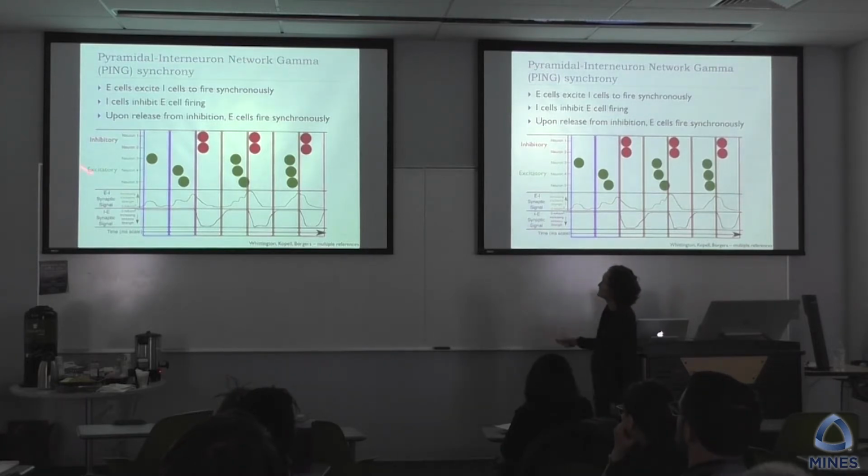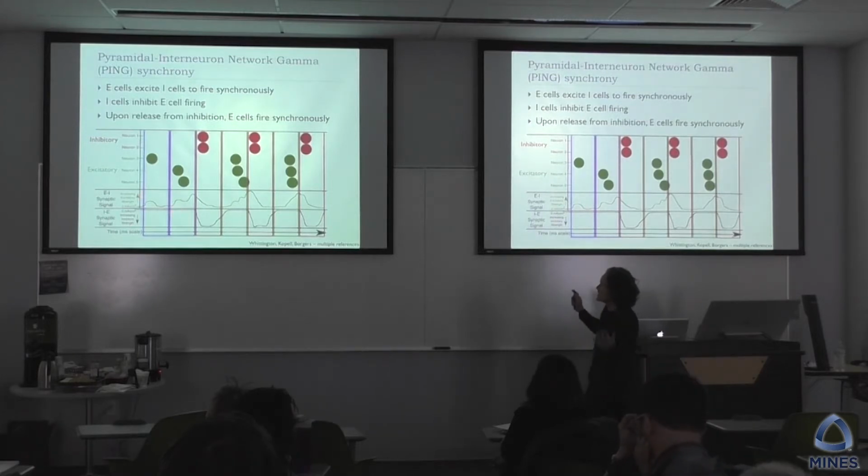So here's a cartoon that shows how this synchronization can happen between some excitatory cells, which are green, and some inhibitory cells, which are red, over time here. And what's shown on these traces is the overall synaptic signal from E to I, so from excitatory cells to inhibitory cells, and I to E, the opposite way.